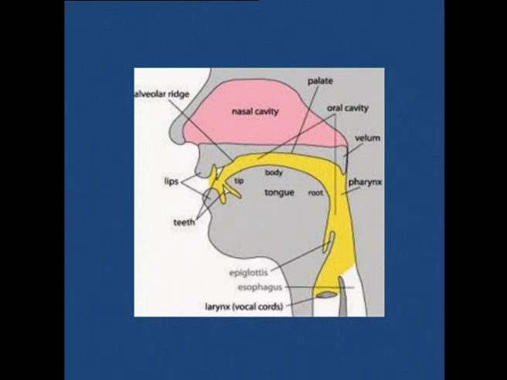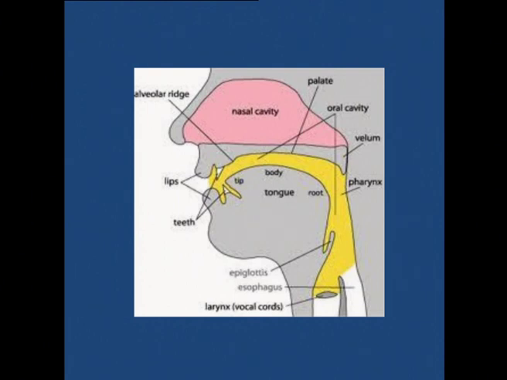In this you see the alveolar ridge. Where is the alveolar ridge located? The alveolar ridge is located between the upper top teeth and the hard palate. Here you see the hard palate. So, between the hard palate and the upper teeth the alveolar ridge is located.